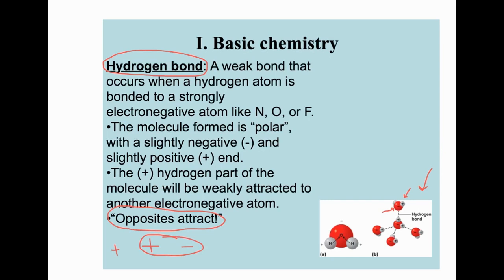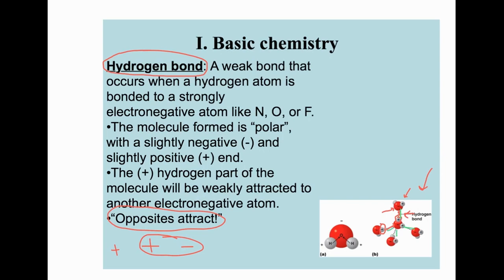So water molecules tend to sort of stick together. And they do that with hydrogen bonds because the positive side of the water is attracted to the negative side of another water molecule. Same thing with this one. The positive side of this water molecule is attracted to the negative side of that water molecule. So they tend to all weakly bond together.